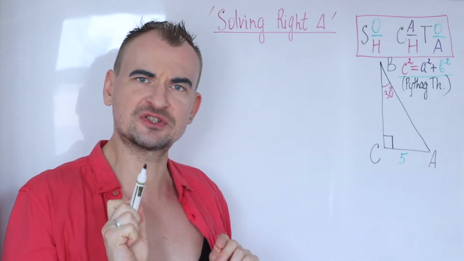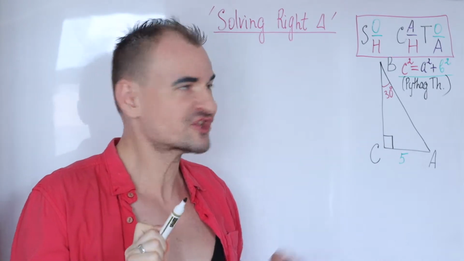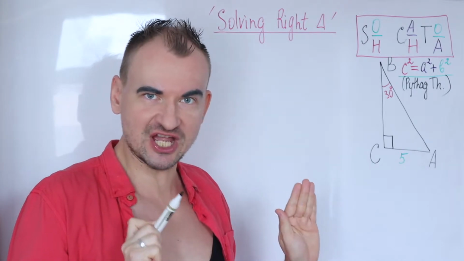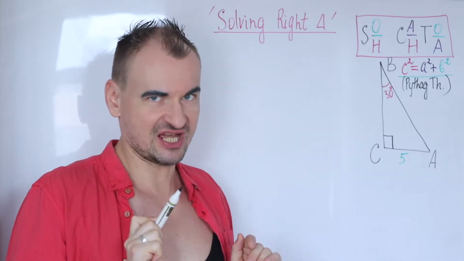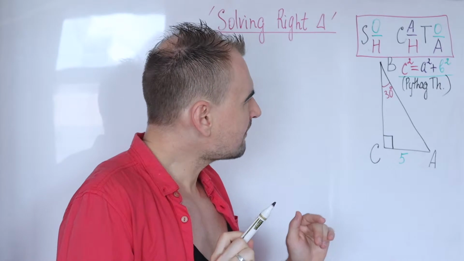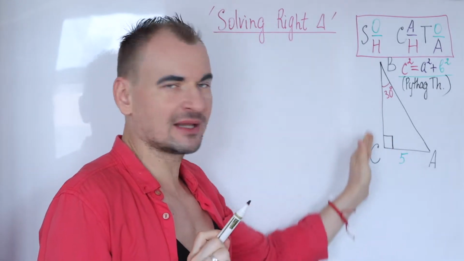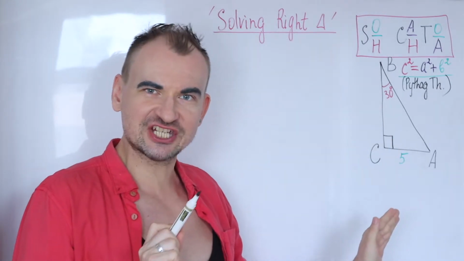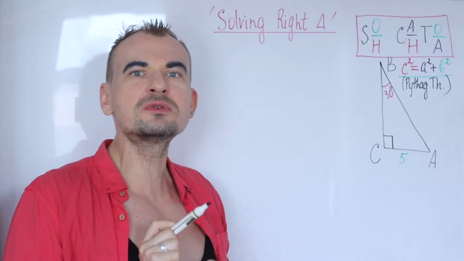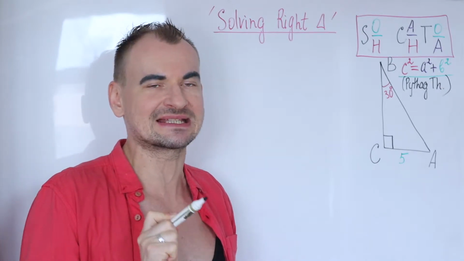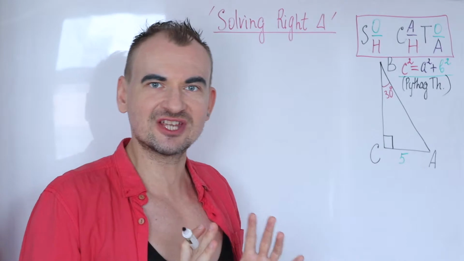The first thing to do, always label the sides of your triangle. Basically, we're given capital letters for the vertices of your triangle, but you could use lowercase letters. It's kind of a convention and standard.